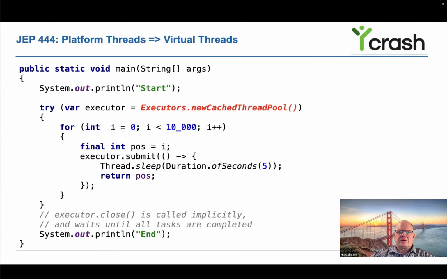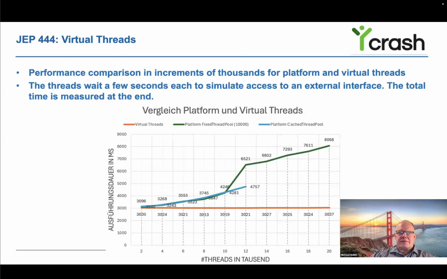To try it out, you just have to change one statement. This new cached thread pool executor is using a pool of OS threads. If you want to switch, you just change this one statement and you are now allowed to use virtual threads. Now you can even use 10 million.